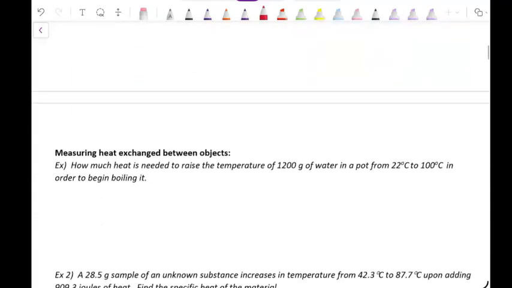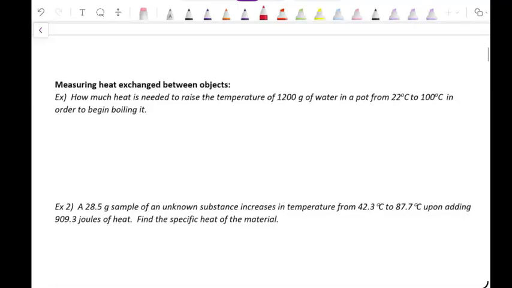Let's start with how much heat is needed to raise the temperature of 1,200 grams of water in a pot from 22 degrees Celsius to 100 degrees Celsius in order to begin boiling it. So if it says how much heat, which variable are we talking about?